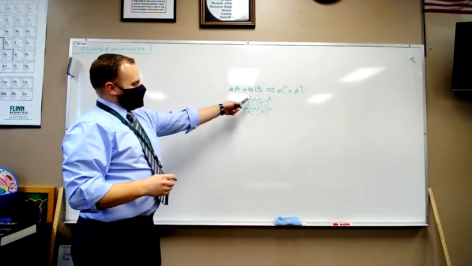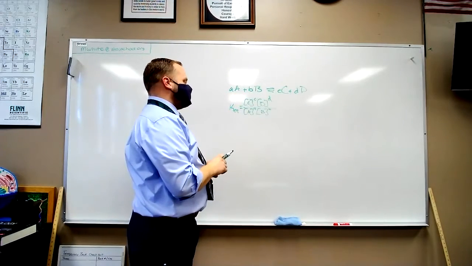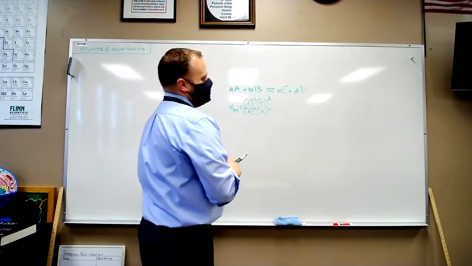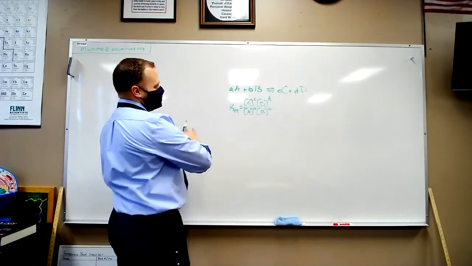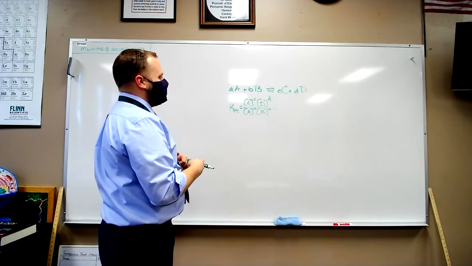The coefficients that you balance it out to be as the exponents. Also remember, if anything is a pure liquid or solid, we take it out. And then, of course, pretty straightforward to do the math with it.